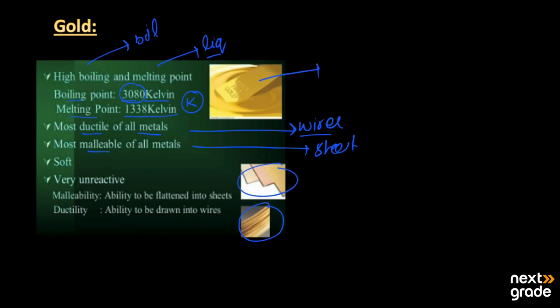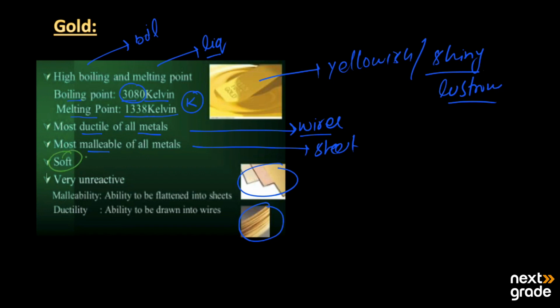The color of gold is yellowish with a shiny surface, also called a lustrous surface. Gold itself is a very soft and unreactive metal. Malleability is the ability to flatten into sheets, and ductility is the ability to change into wires.